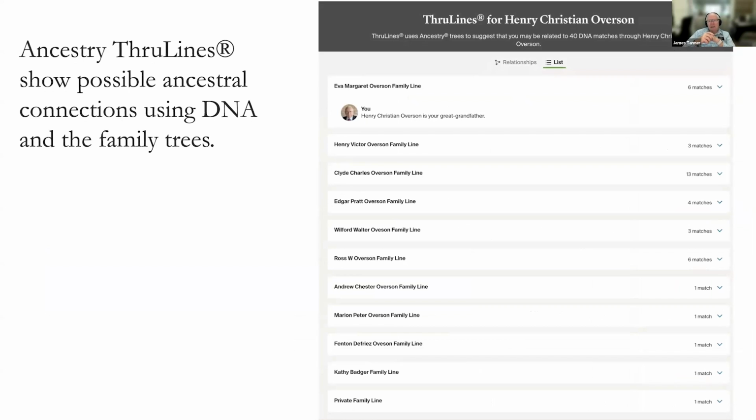So here's another kind of benefit from these big companies, and this is from, once again, Ancestry. It's called ThruLines, and it shows possible ancestral connections.